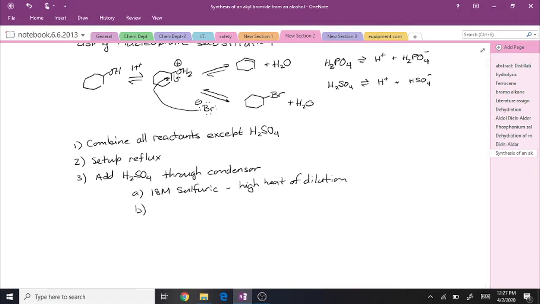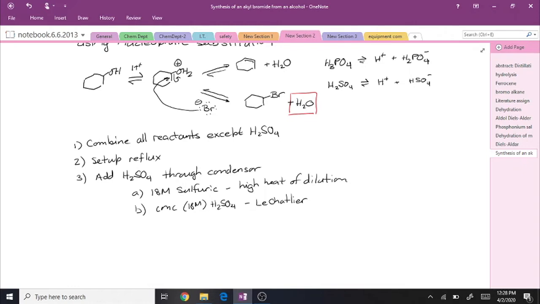Also, specifically why we use 18 molar, or the concentrated sulfuric, is that one of the products of the reaction, you'll notice up here a byproduct, is water. And so if we add water, since this is an equilibrium, if we remember Le Chatelier, remember his principle that if we add more products, we will push the equilibrium back to more reactants.